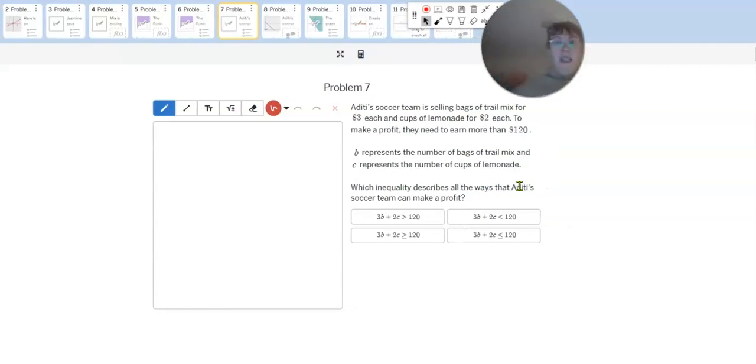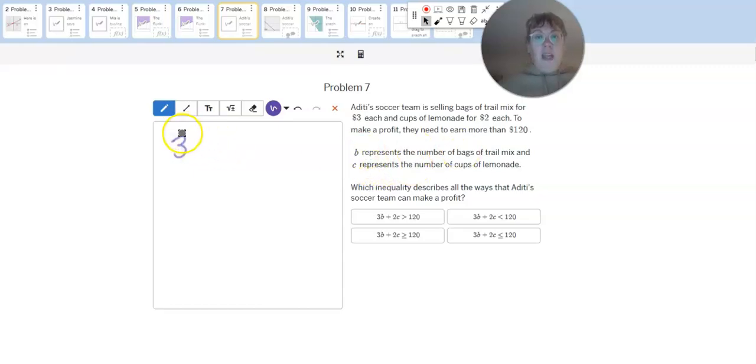Aditi's soccer team is selling bags of trail mix for $3 and cups of lemonade for $2 to make a profit. They want to earn more than $120. Which inequality describes all the ways that the soccer team can make a profit? So we have the amount of money for a trail mix, which is $3.